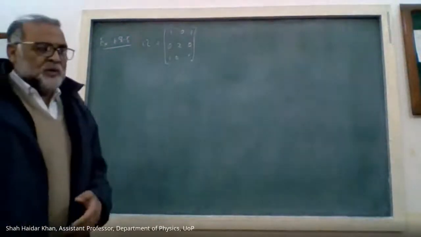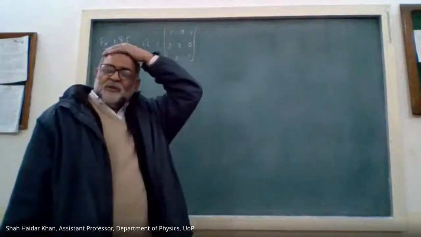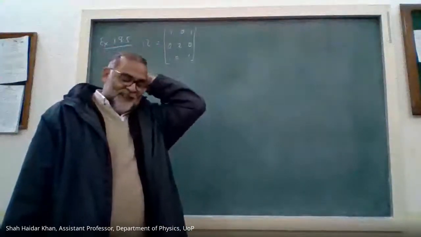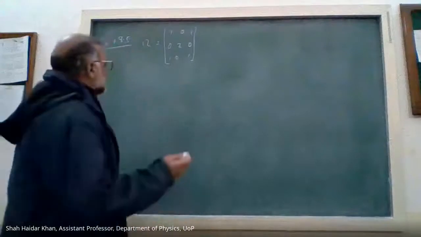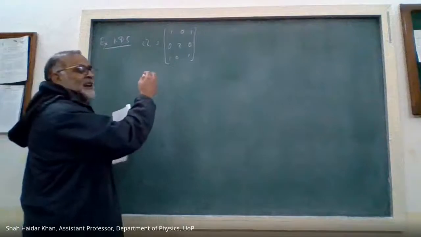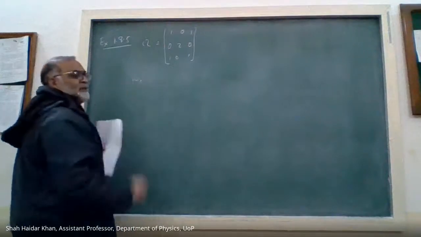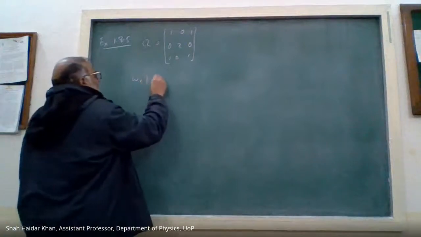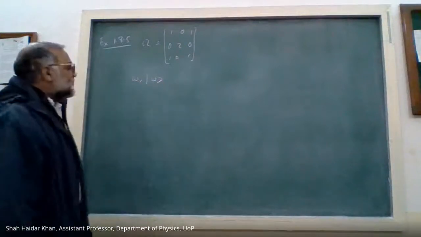whenever you have to solve an eigenvalue problem, you write the characteristic equation, right? Suppose omega is our eigenvalue and suppose omega vector is our eigenvector.